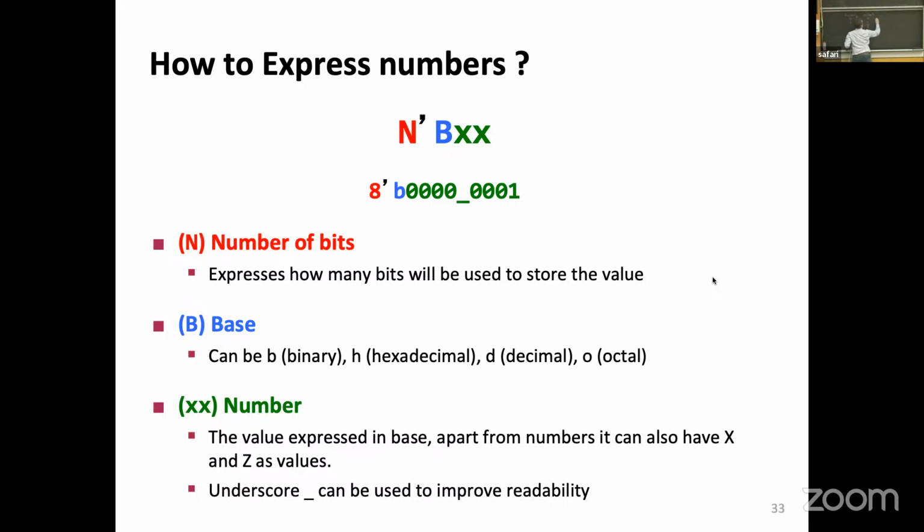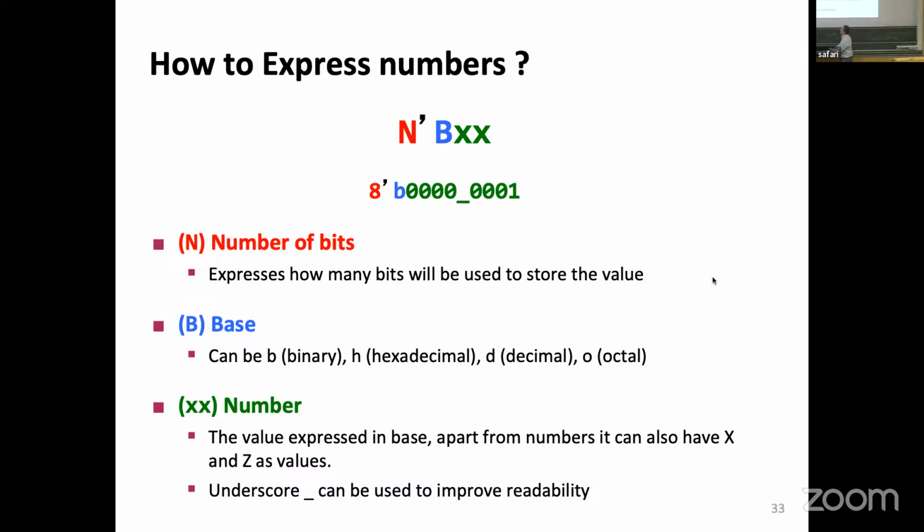Decimal goes to 8, 9. And hex goes from 0 to 9, A, and then F, which is 15. Right? Okay, I did it right.